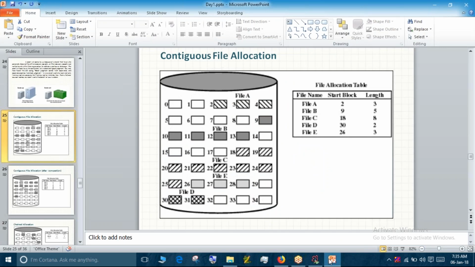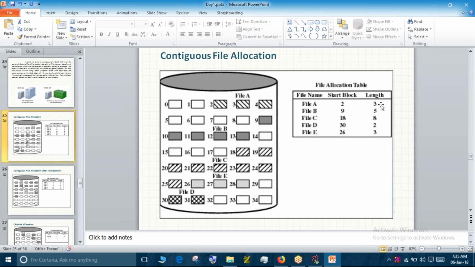So coming back to this discussion, I want to store a file called file A where I need 3 blocks to store that one. Then if it is a file allocation table model, I get the blocks starting with 2. 2, 3 and 4 are the blocks assigned for your file called A. So this file allocation table structure is storing the information about the name of the file, where the blocks start, and what the length is.